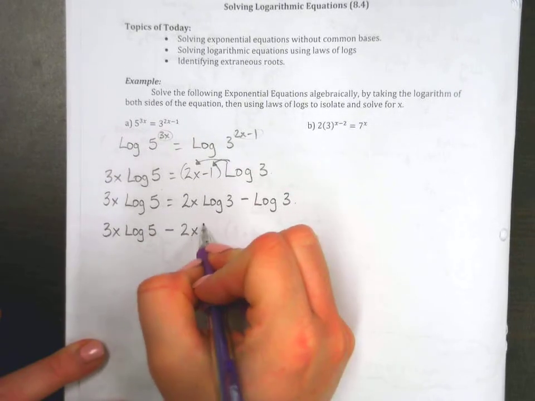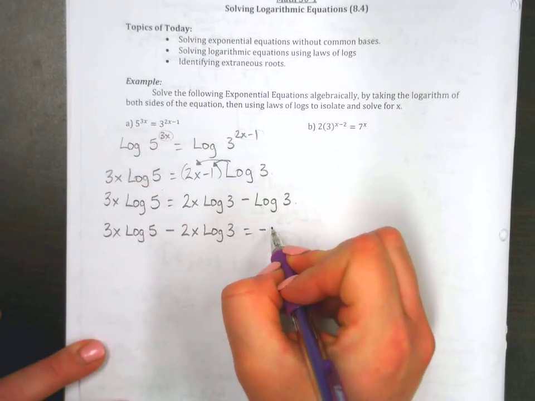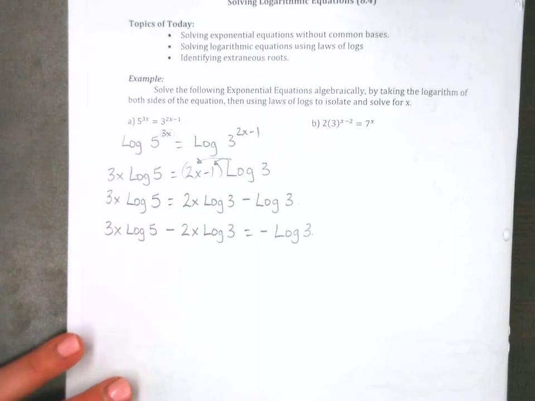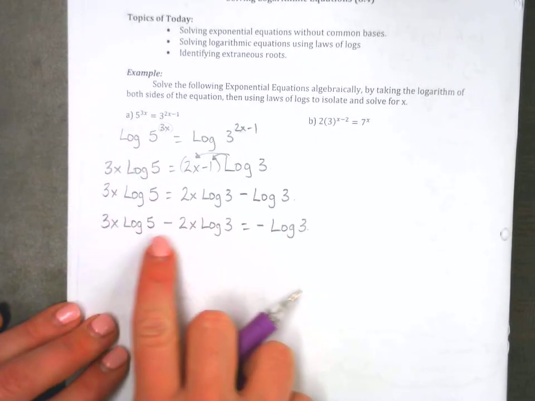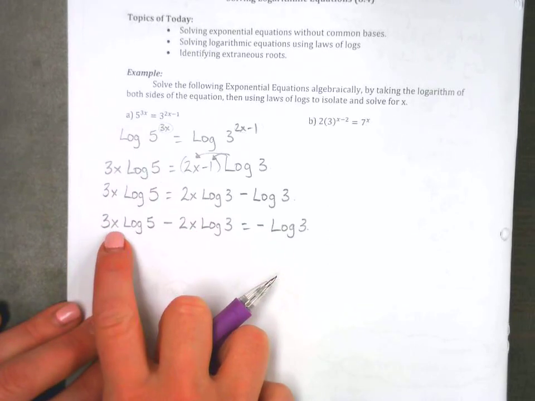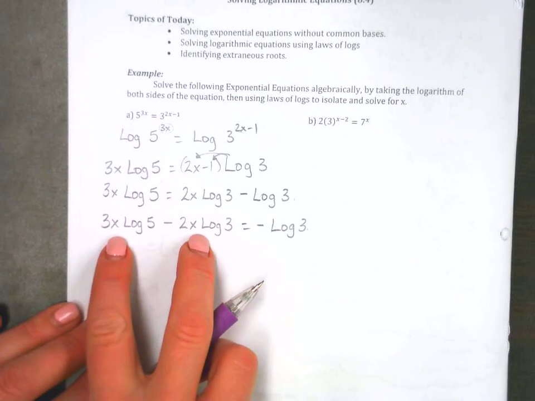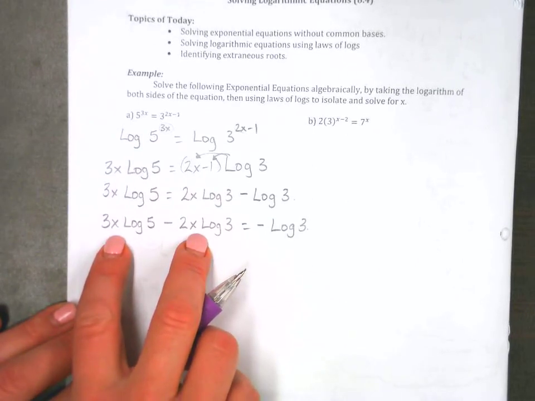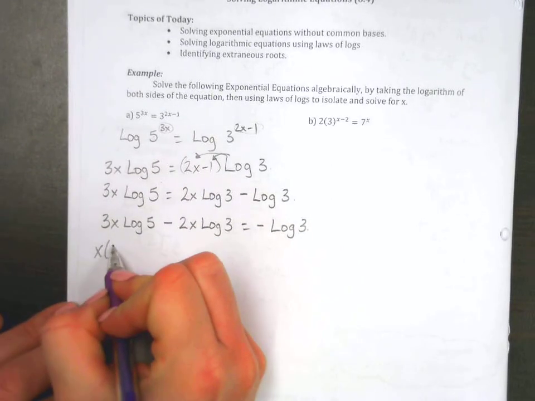Now my next step is to solve for x, and this is like saying 3xa minus 2xb. The only way I can isolate x is by factoring an x out of these common terms. So I'm going to factor out an x, and I'm left with 3 log 5 minus 2 log 3 equals a negative log 3.